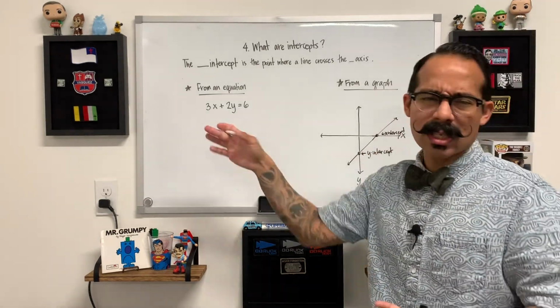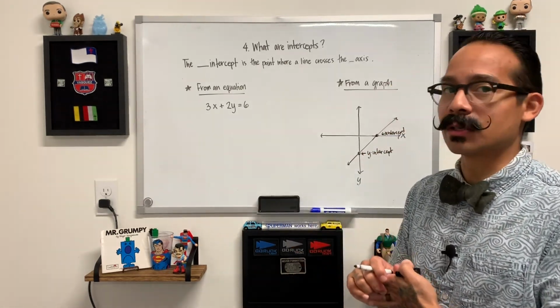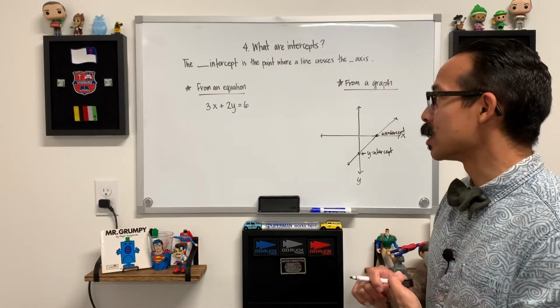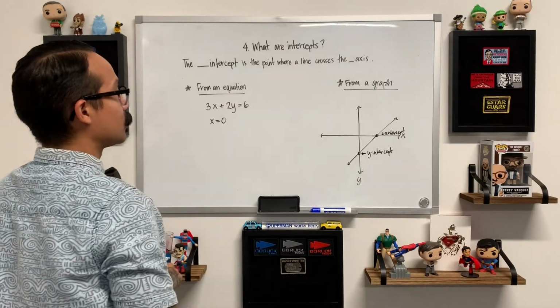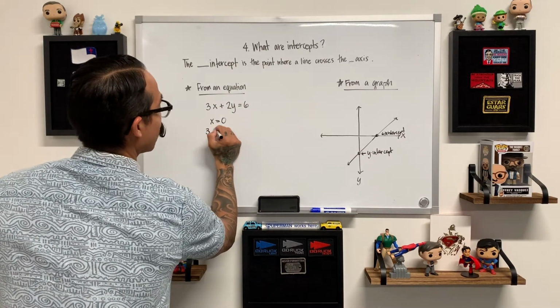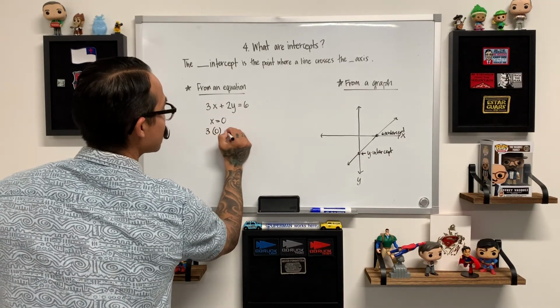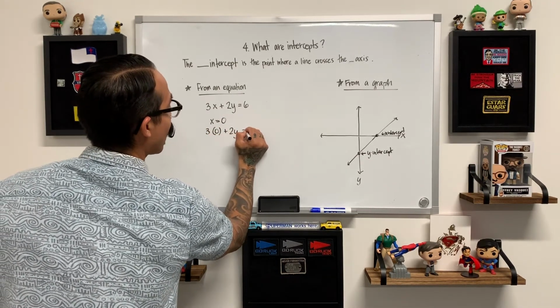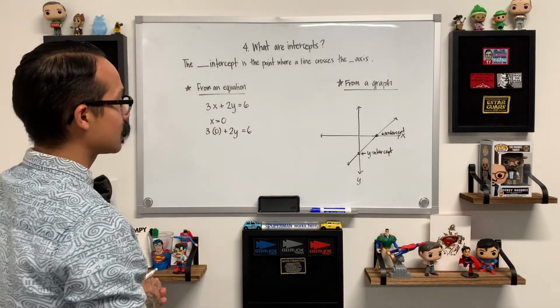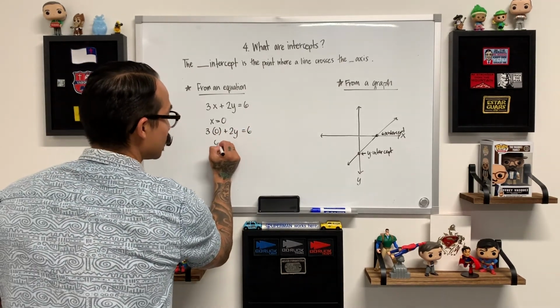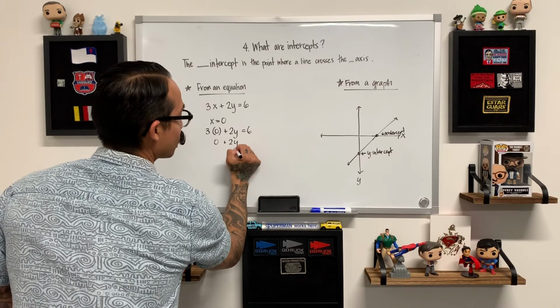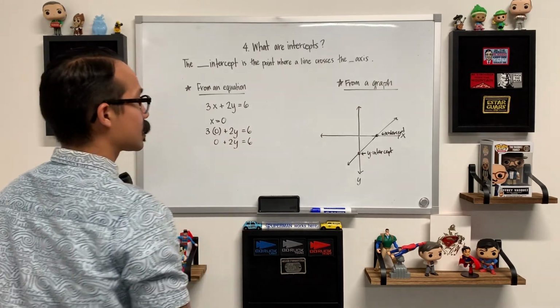So let's see if we can find the x and y-intercepts from an equation. We set x equal to 0 and then substitute. We'll have 3 times 0 plus 2y is equal to 6. 3 times 0 is 0. So we're left with 2y is equal to 6.